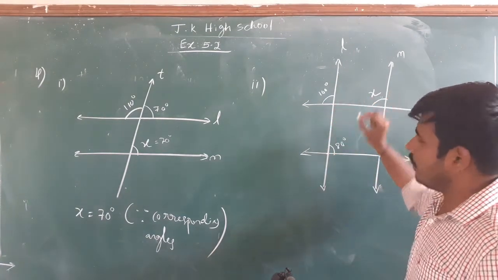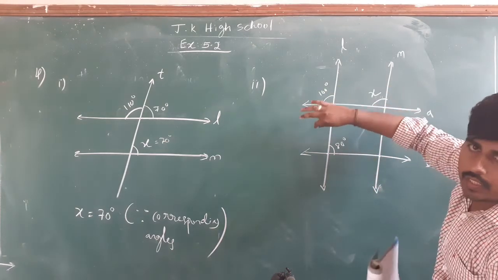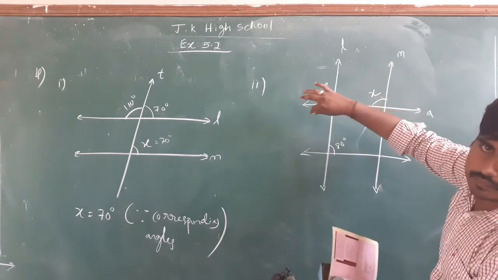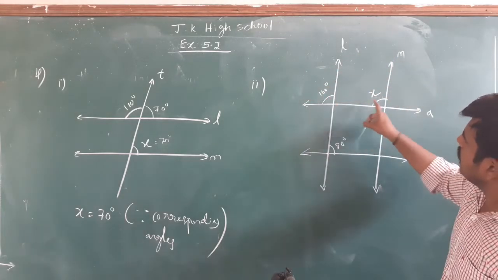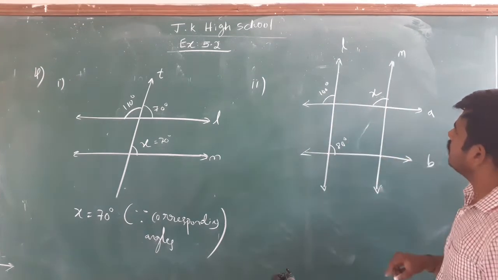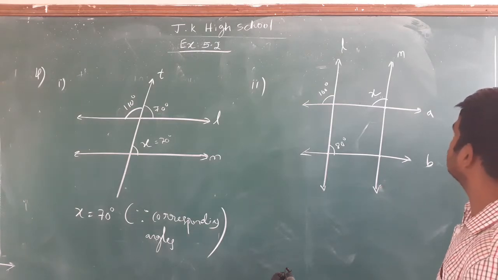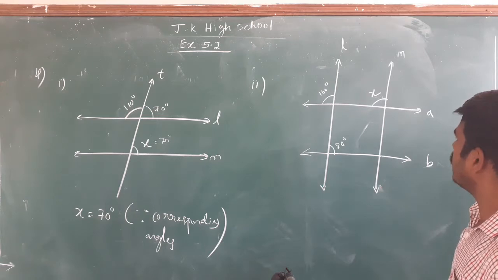Now I need to find the value of x. How to find? Can you observe, if you rotate this diagram 90 degree, these two will become parallel. I am not sure whether A and B are parallel. In this case, what will I do? I can use vertically opposite angles.